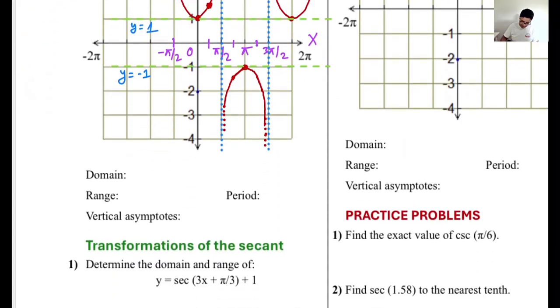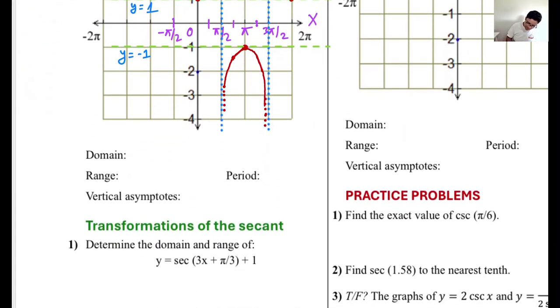So the domain will include all x, except the x which are odd multiples of pi over 2. That is the way to write the domain.